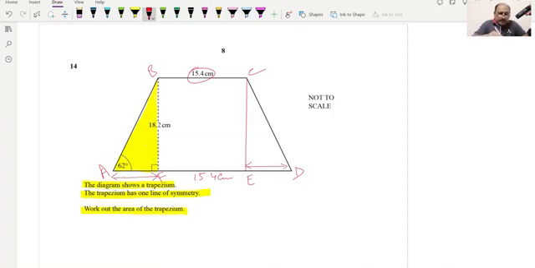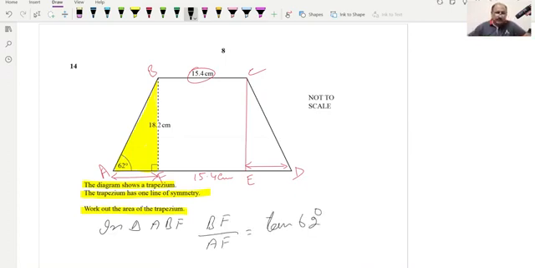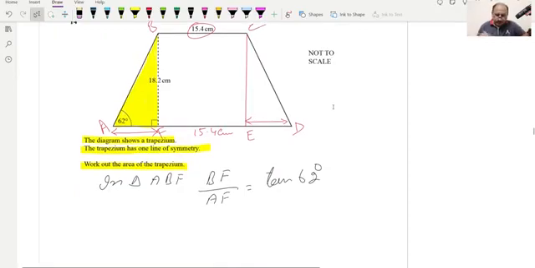So we will write in triangle ABF, BF over AF is equal to tan of 62 degrees. BF is given, which is 18.2, and AF we need to find.